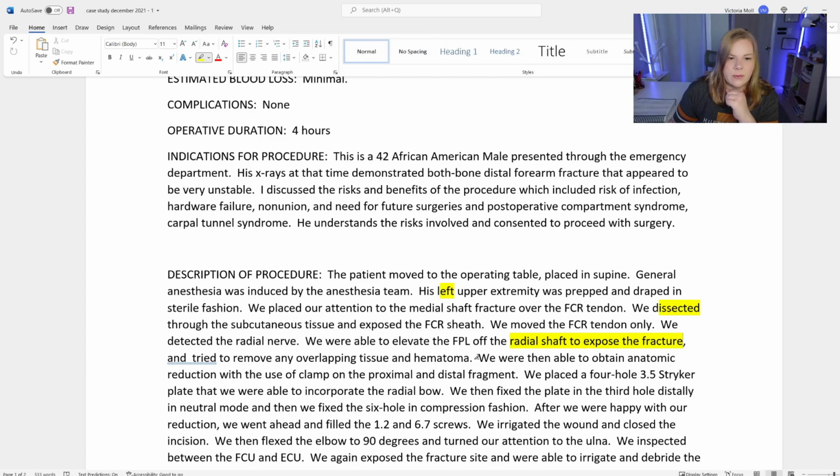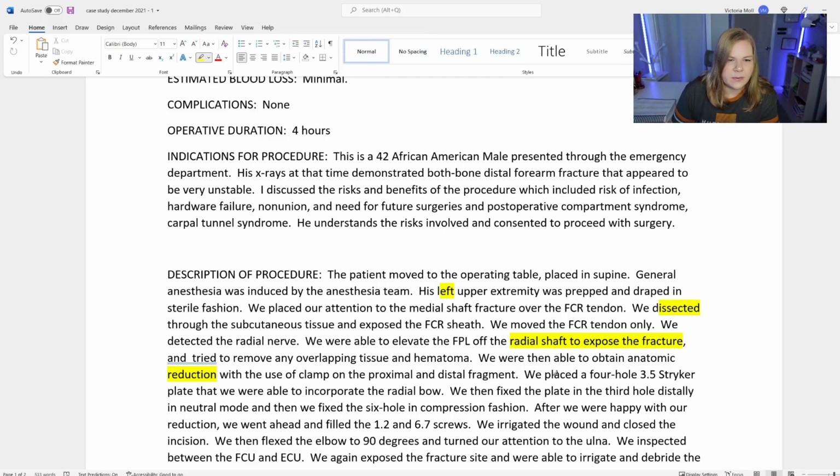We were then able to obtain anatomic reduction, which is consistent with the procedure that they described, open reduction, internal fixation. So the reduction is they're putting the bones back in place with the use of the clamp on the proximal and distal fragment. We placed a 4-hole 3.5 Stryker plate, so they're using hardware that we're able to incorporate into the radial bow.